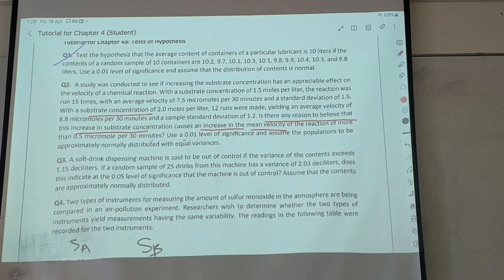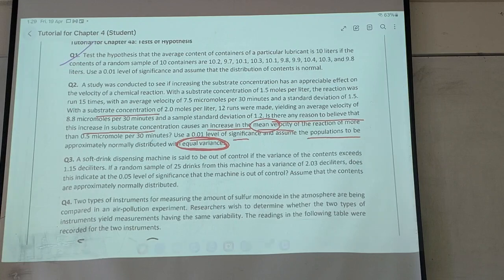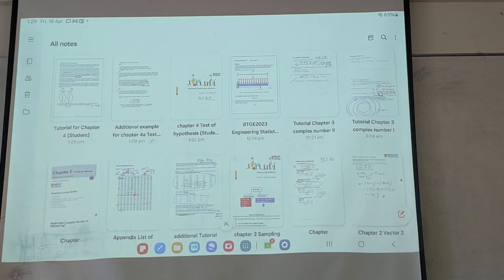Use 0.01 significance, and assume the populations are approximately normal with equal variance. Why did I mention this? Because they are tested on the mean velocity, the difference between two means.